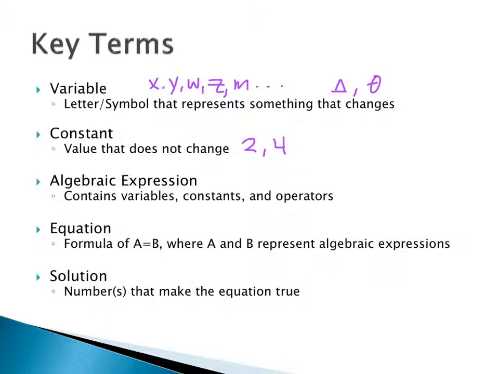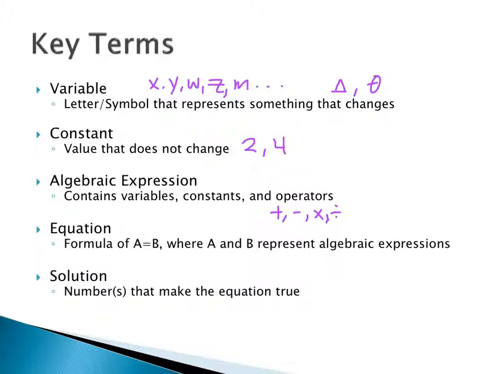Where this comes into play is when we write an algebraic expression. An algebraic expression is something that contains variables, meaning a letter or a symbol, constants, some number or value that doesn't change, and operators. Operators are things like addition, subtraction, multiplication, and division.